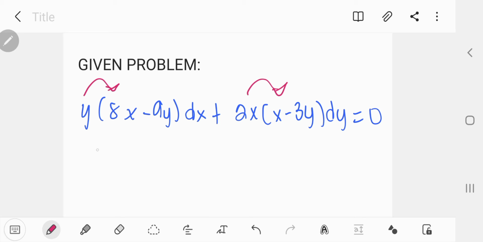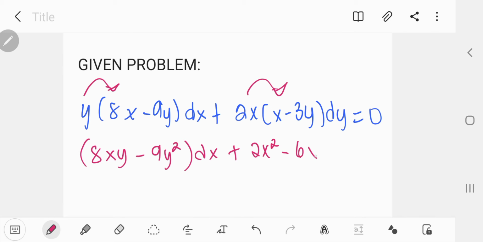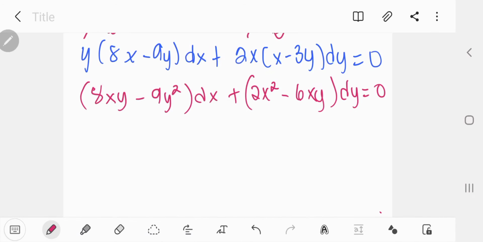So we have (8xy minus 9y squared) dx plus, let us distribute it, (2x squared minus 6xy) dy is equal to 0. We know that this is M and this is N.